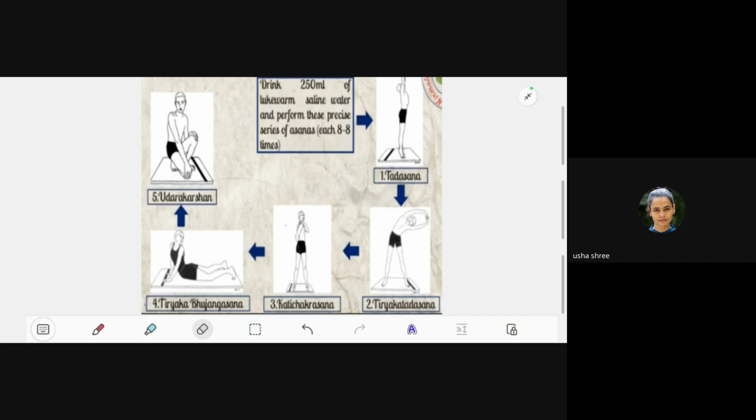This could be the reason. What should you eat after the Shankhaprakshalan? The diet would be very greasy. Here we take greasy to mean ghee.